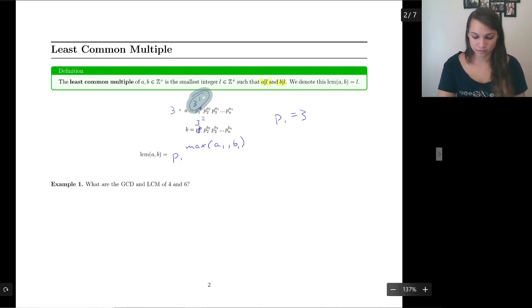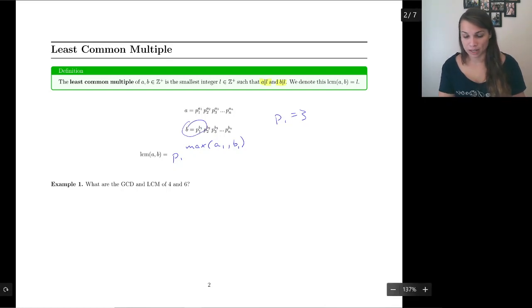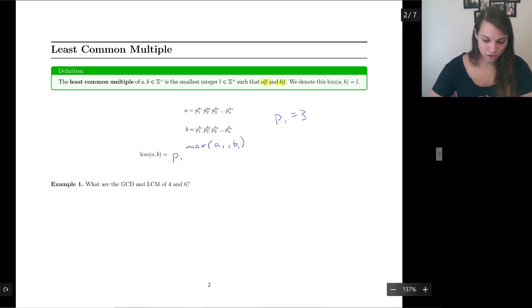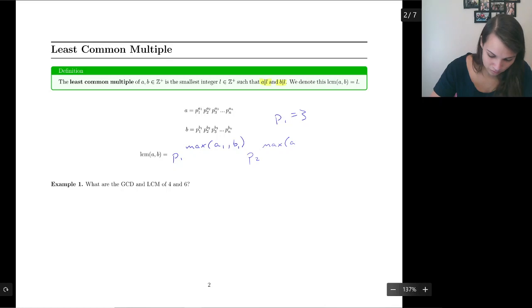So we know we can attain that. But we need to have at least 3 squared, otherwise B won't be able to multiply to it. So then you go through and you just pick off all the max powers.